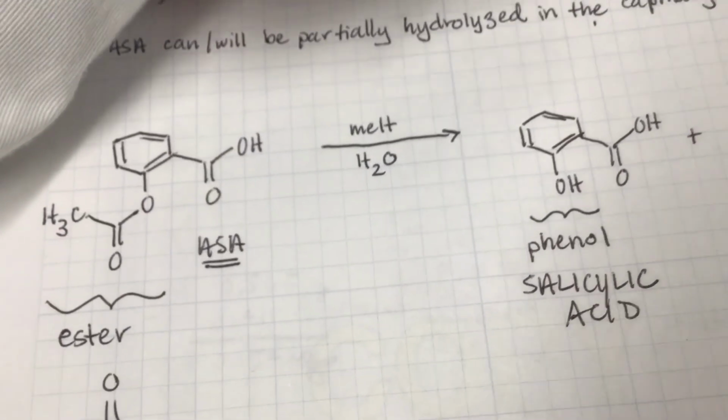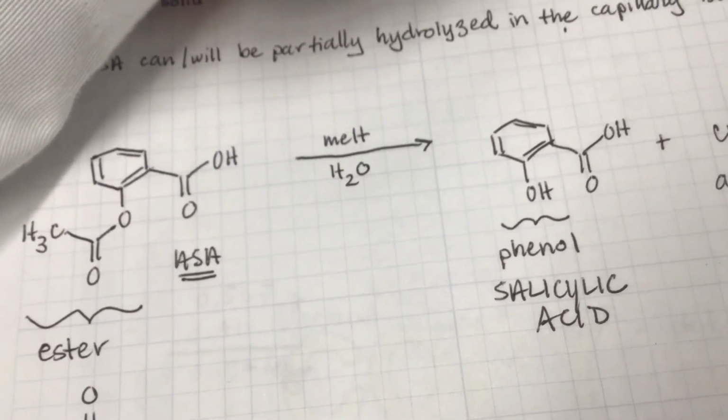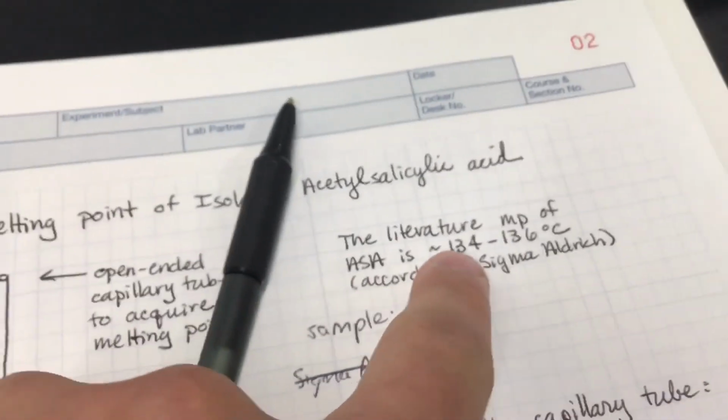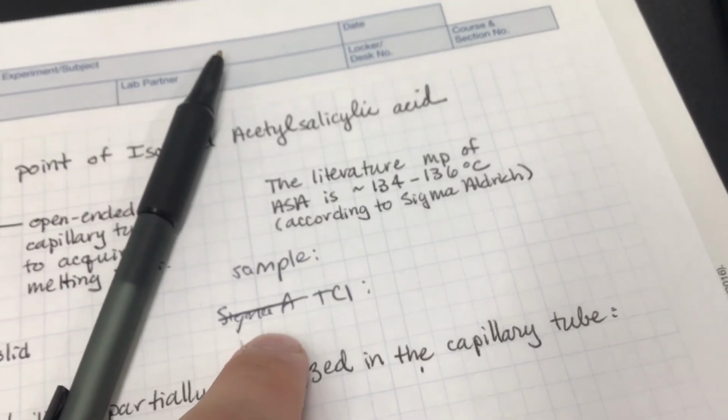It's from TCI. Sigma Aldrich was where I got that literature melting point from, but the sample that made the batch is TCI.